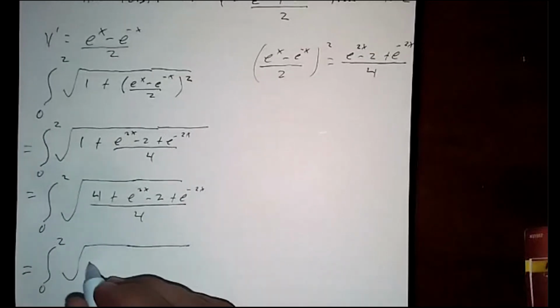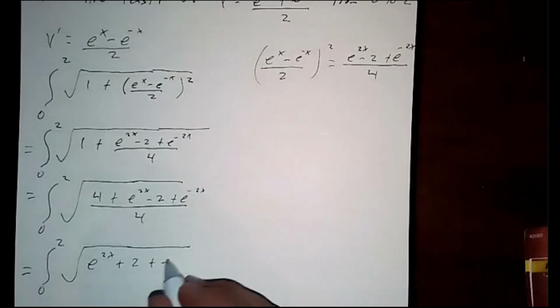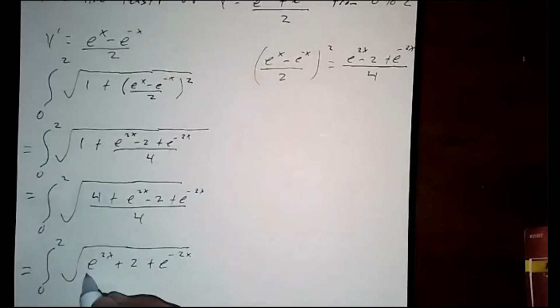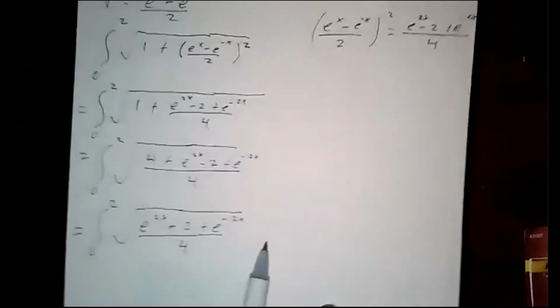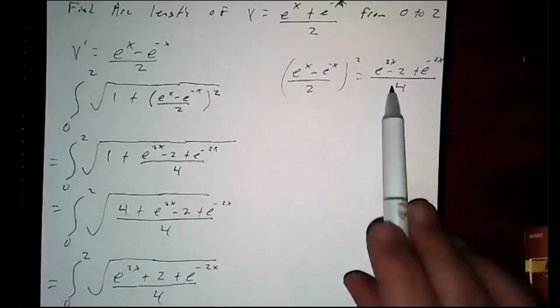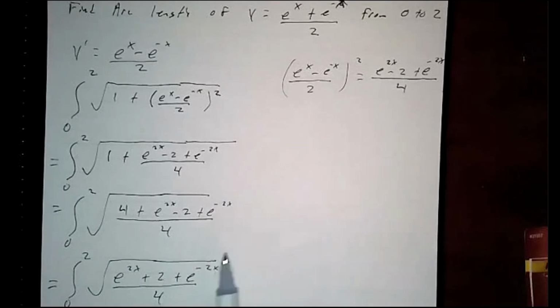So this would be e to the 2x plus 2 plus e to the negative 2x over 4. Notice how this is very similar to this one, right? It's just a minus.